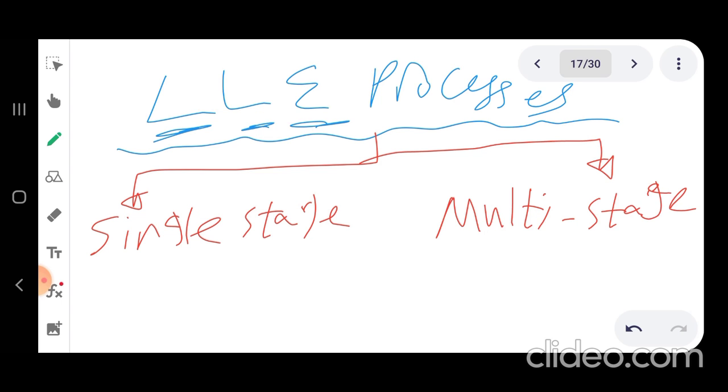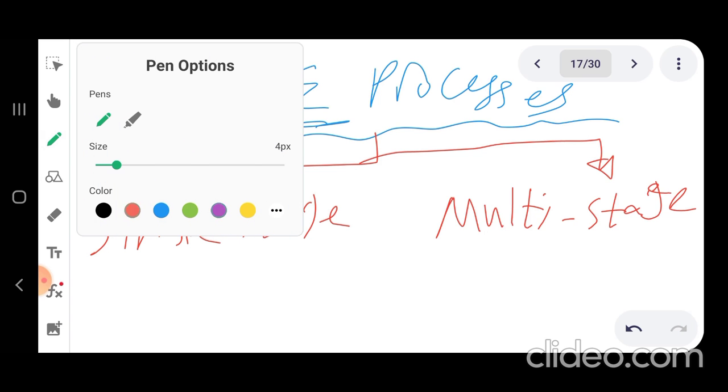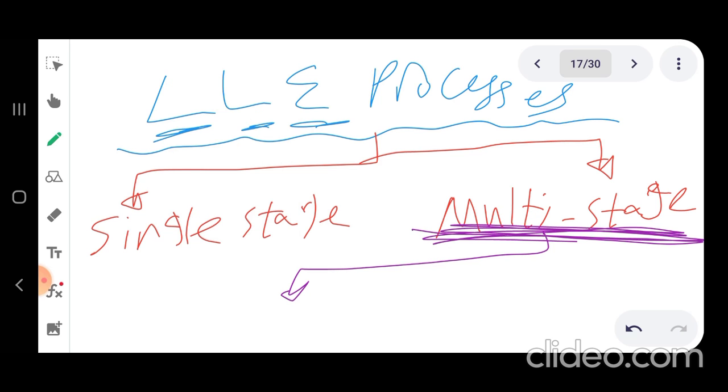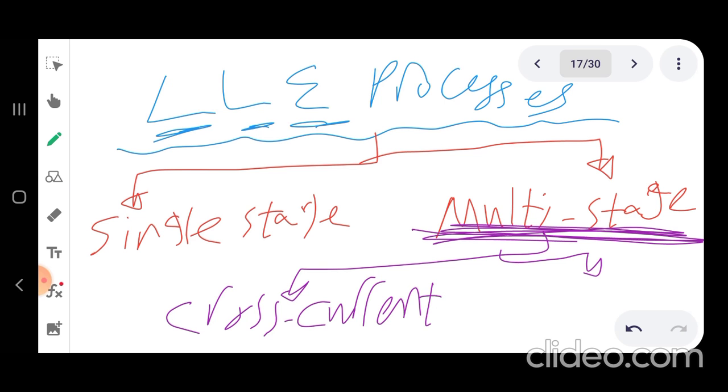Okay, and under this category, which is multi-stage extraction, we have two subcategories: cross current multi-stage liquid extraction, and the other type is counter current.